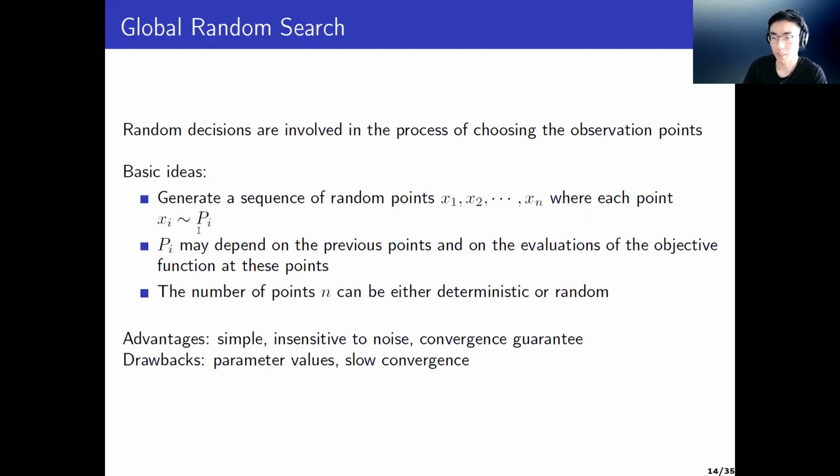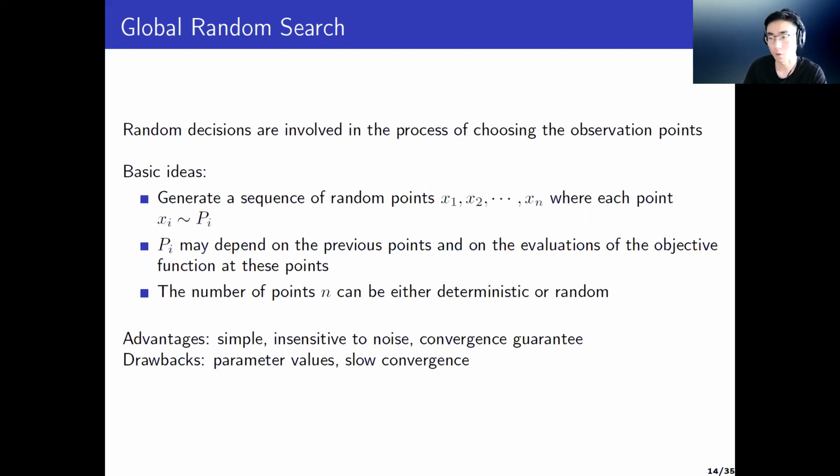The distribution pi may depend on the previous points and the evaluations of the objective function at these points. The number of the points can either be deterministic or random, and may also depend on the results of the objective function evaluation at these points.